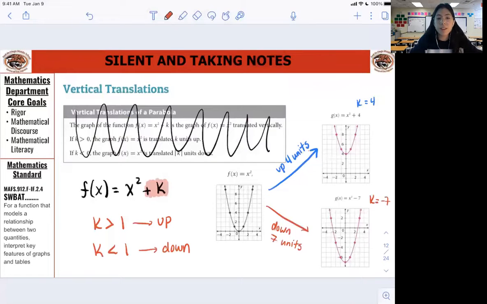So again, it's just telling us where to go. Vertical translations. So take a moment and write that all down. And then we'll go on to the last thing. We're almost there. I know we got 10 minutes left. We're almost there.